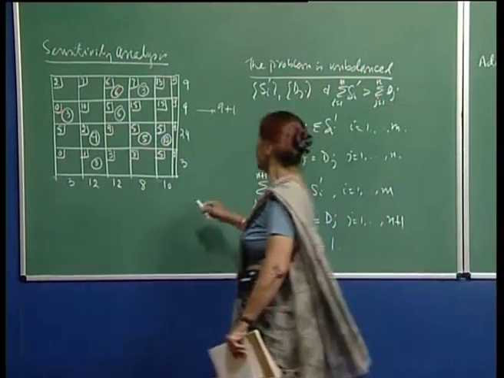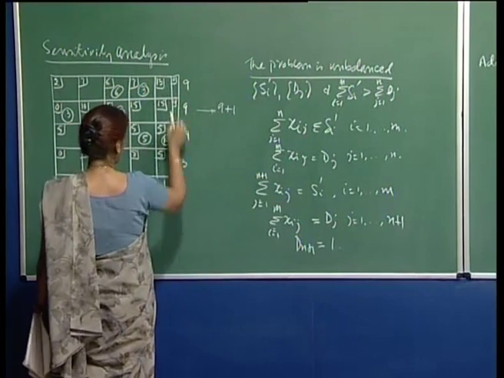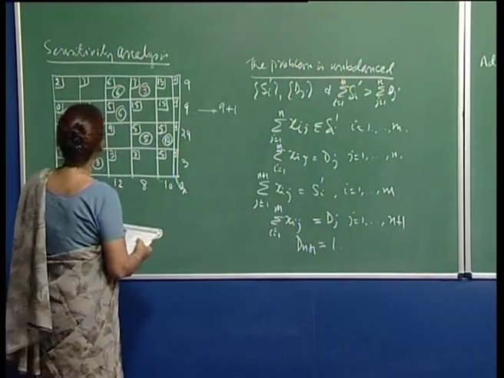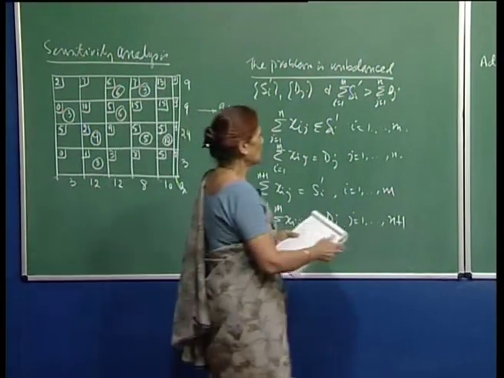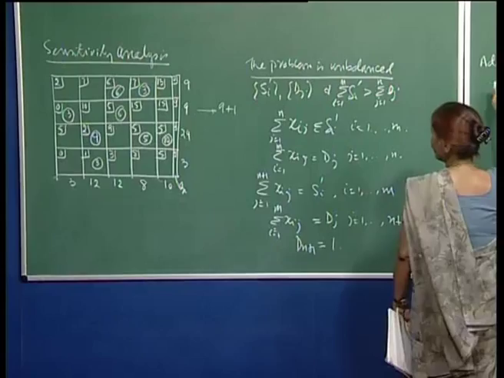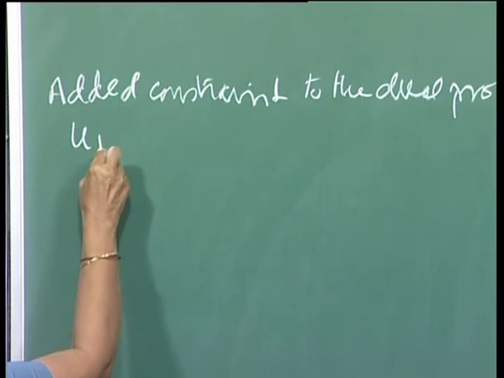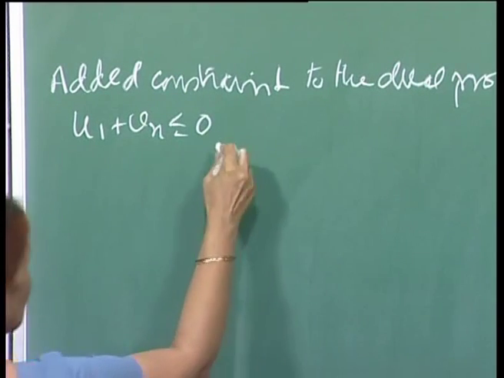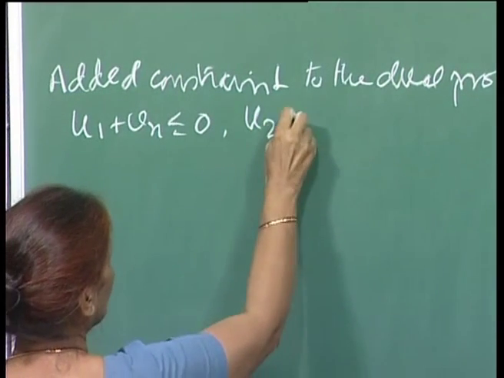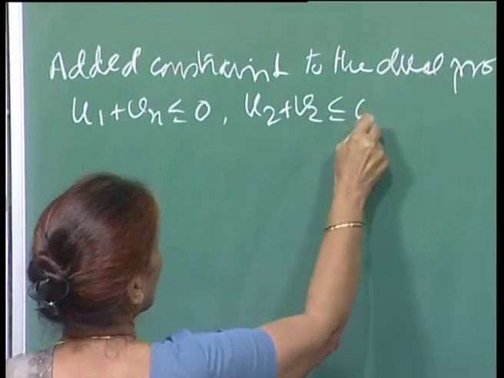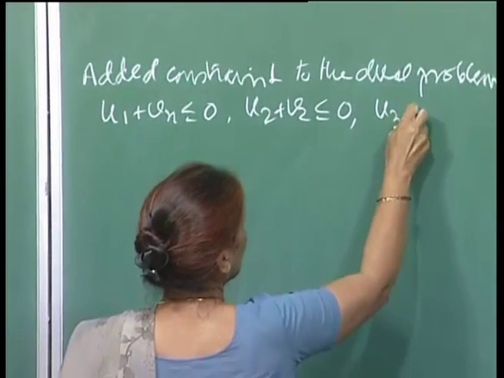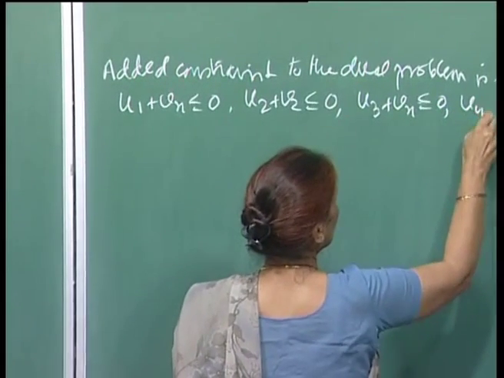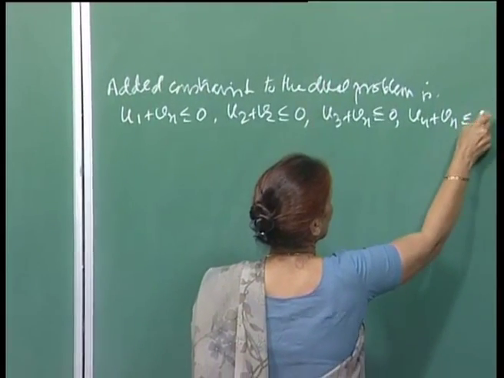You now have a new V_n. We will compute the dual variables also. What you will have here is u1 plus V_n less than or equal to 0, because the corresponding c_ij's are zeros. Then u2 plus V_n less than or equal to 0, u3 plus V_n less than or equal to 0, and u4 plus V_n less than or equal to 0.